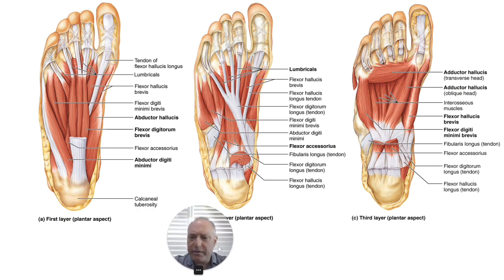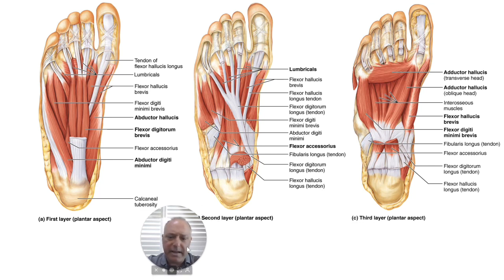Okay, looking at the foot, there's an abductor hallucis, flexor digitorum brevis, abductor digiti minimi. Deep to that, this is still the plantar view. We've got lumbricals, a number of lumbricals.